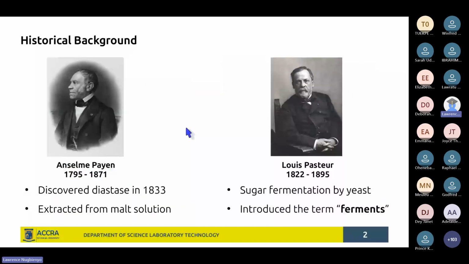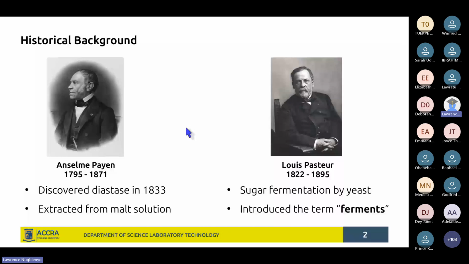Somewhere getting to the end of the 18th century to the beginning of the 19th century, scientists have known that there has been the possibility, or let's say the digestion of food substances like proteins by extracts from plants.